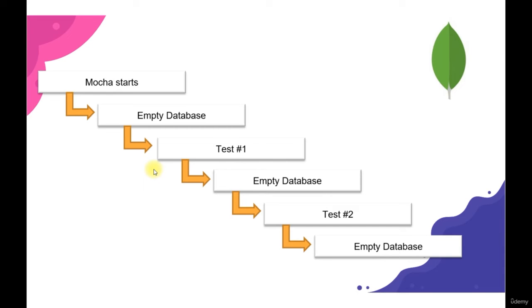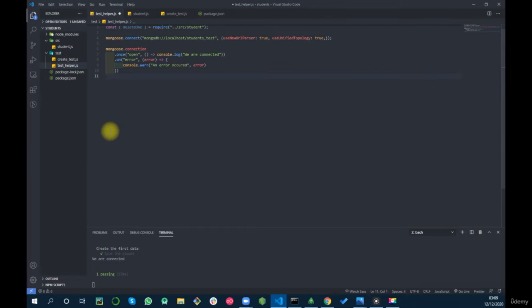All right, so let's write the code to drop all the records before starting to run a test. Now we're in the test folder in the project directory. Open up the test helper file. I'm going to use a hook, and that's a function that's executed before the test gets executed in the test suite.